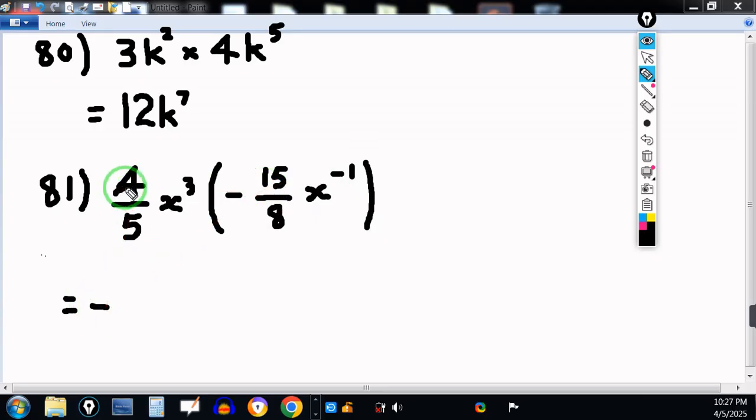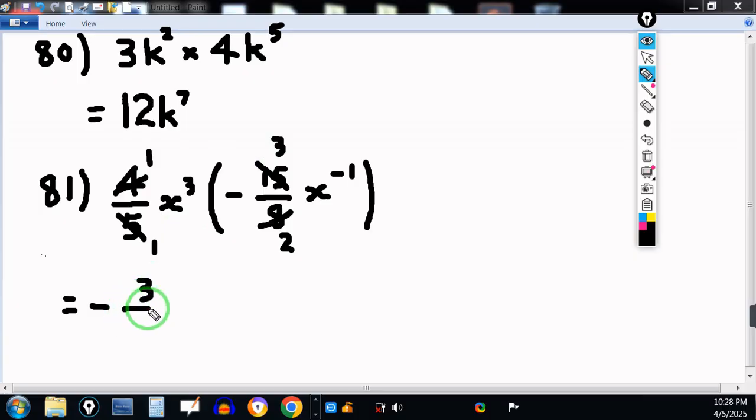Handle the numbers. 4 goes into 8 2 times. I can cancel the other way around. Cut 1, 5 and 15 will be 3. I handle the numbers first. 1 upstairs, 3 upstairs is 3.